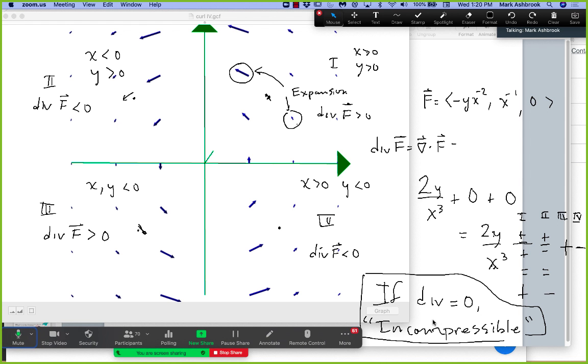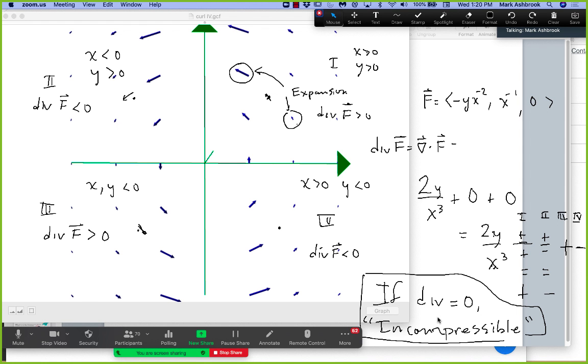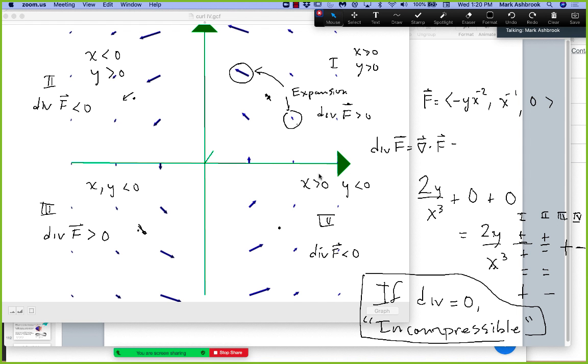Now that is regardless of whether it's a conservative field or not, right? So our irrotational field, the curl being 0, that gives us a gradient field or a conservative field. And we did the curl formula, we did the algorithm, and we got the curl to be 0. So this is a gradient field. But notice it's not incompressible.